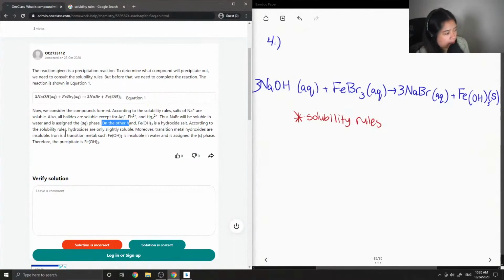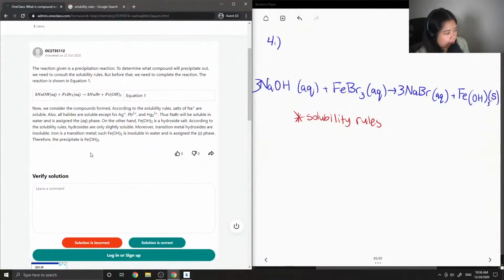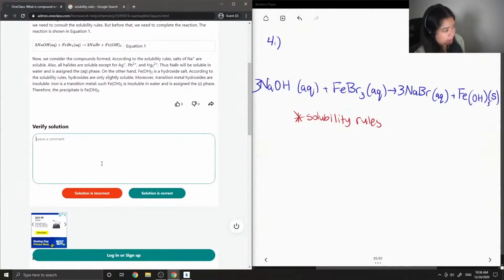According to the solubility rules, hydroxides are only slightly soluble. Moreover, transition metal hydroxides are insoluble. Iron is a transition metal. Thus, iron hydroxide is insoluble and is assigned the solid phase. Therefore, the precipitate is the iron(III) hydroxide.